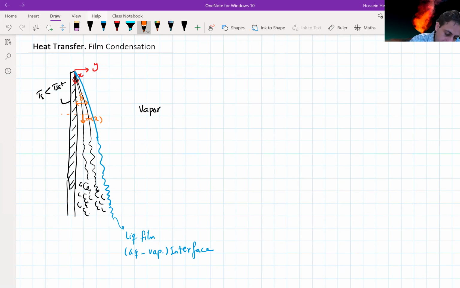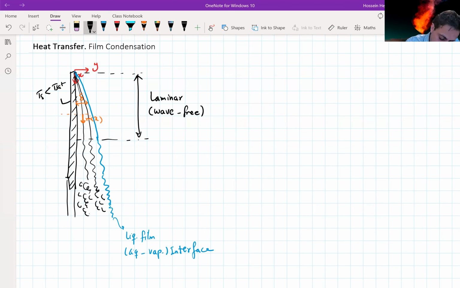Now the first part, this is what we call laminar flow, and we refer to that as wave free.